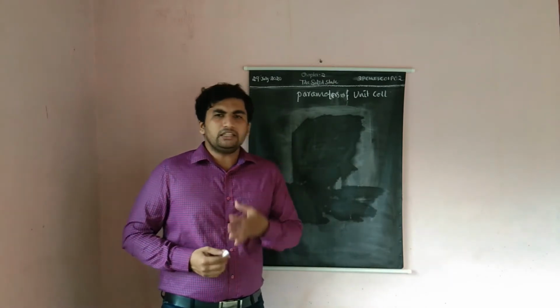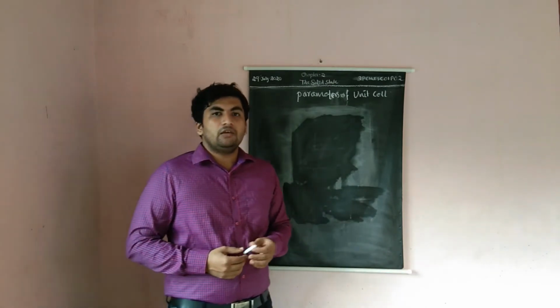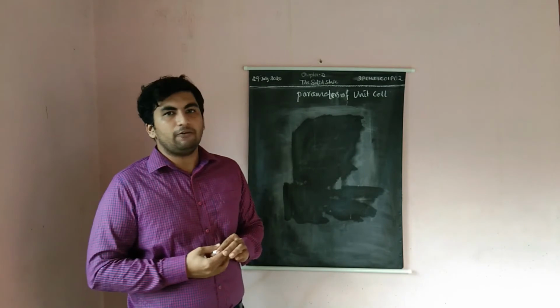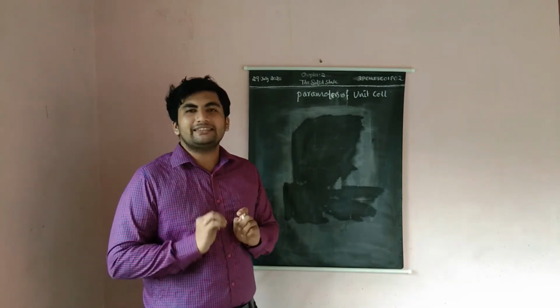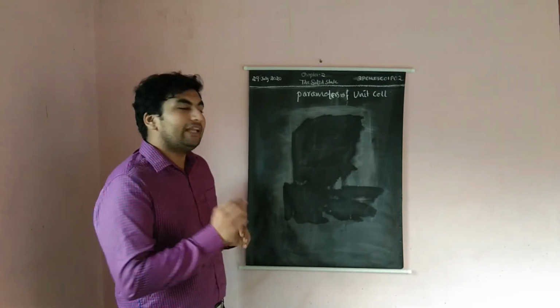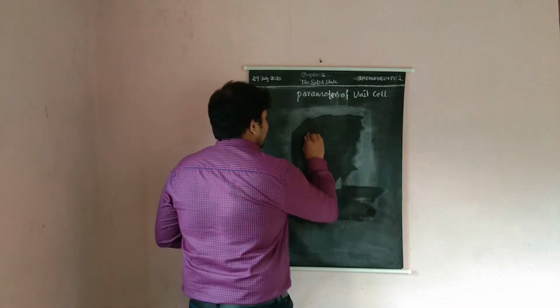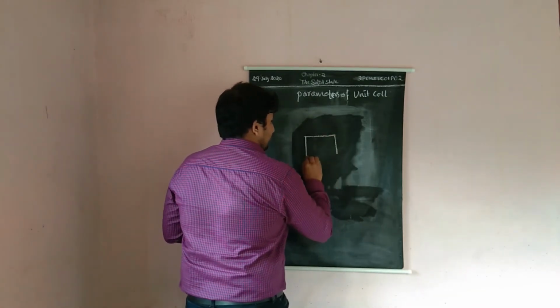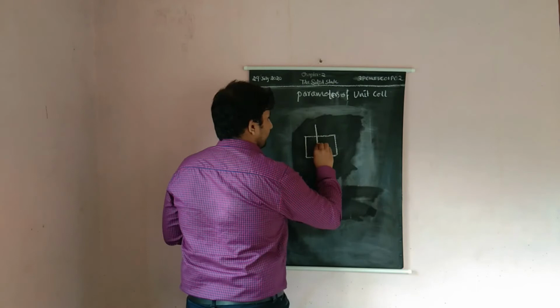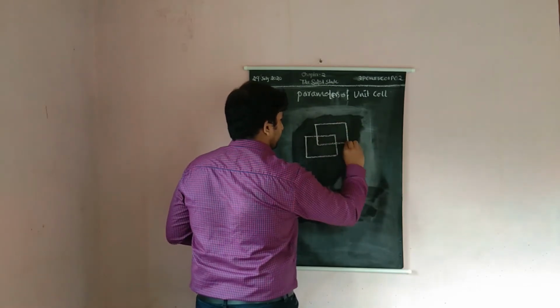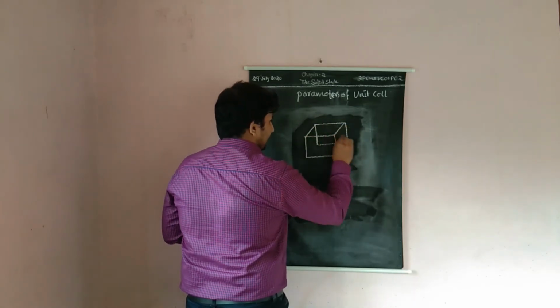In order to study the different types of unit cell, we have to study the parameters of the unit cell. There are a total of 6 parameters. So let us consider a simple unit cell from the crystal lattice.